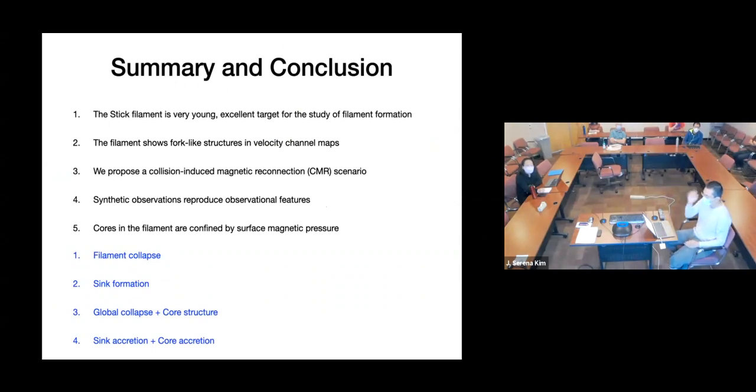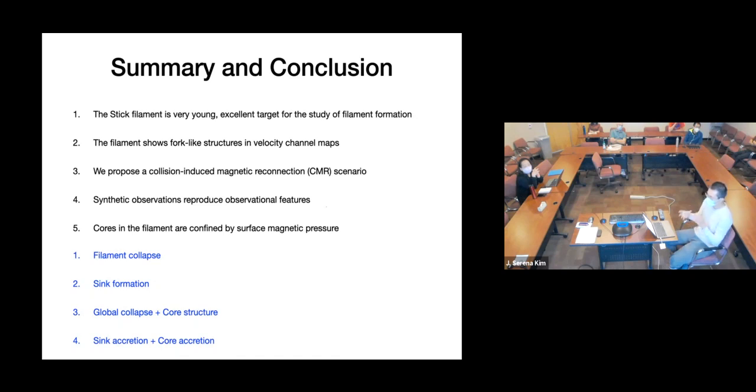So finally, coming to my conclusion: with this mechanism, we can form the filament, and the filament will collapse and form a sink, so it will likely form a star. Later it has a global collapse to form a dense core. At the same time, the protostar inside the dense core will also accrete to grow in mass.